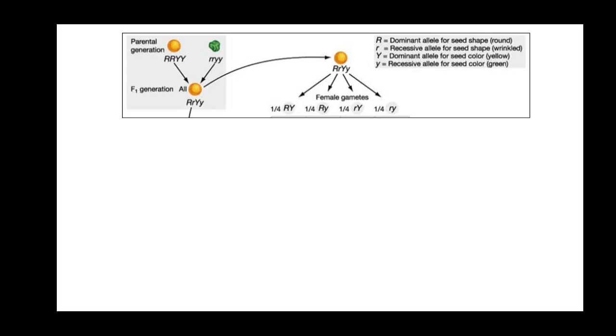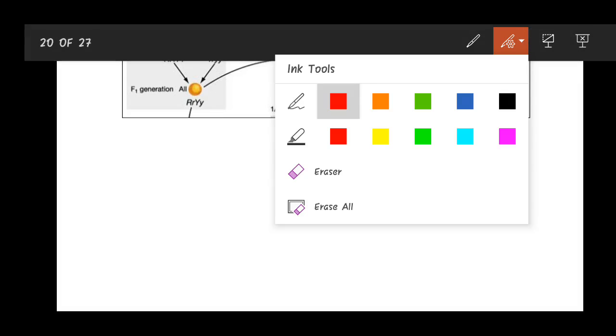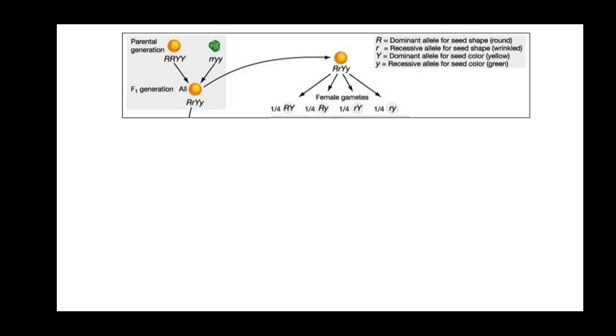Here you can see this is the dominant for seed shape, capital R, which is for round, and the small r is for the recessive one, which is wrinkled. And you have the dominant color which is yellow and the recessive color which is green. And what we are going to see here is these particular alleles, that is capital R and small r.